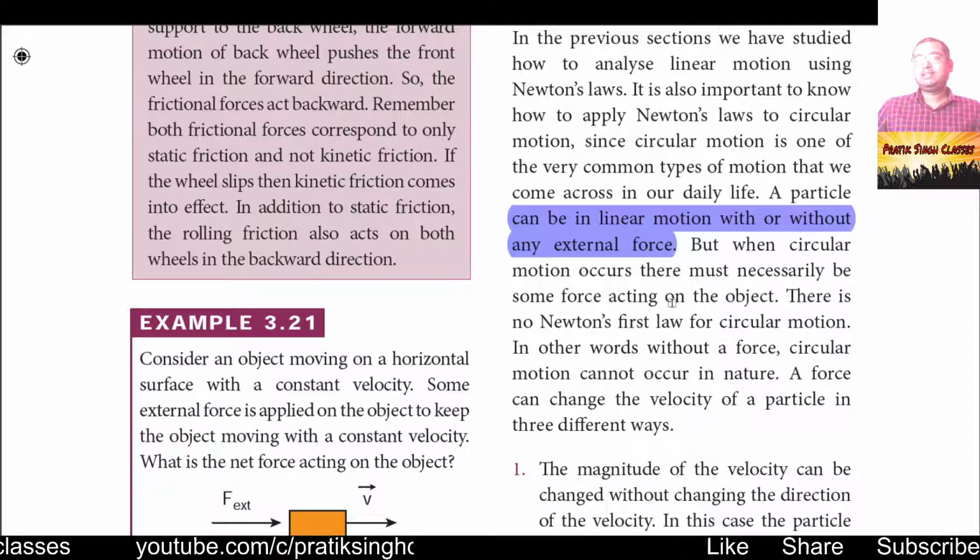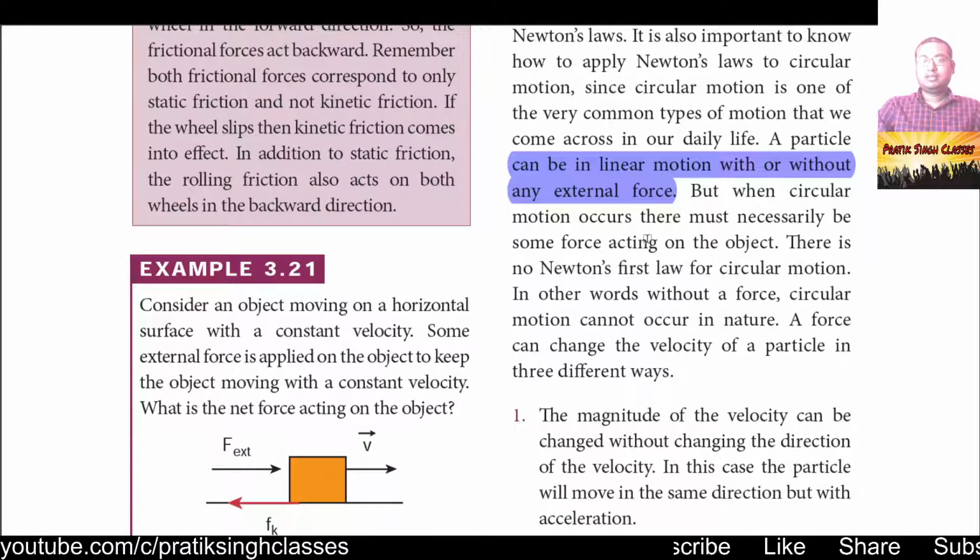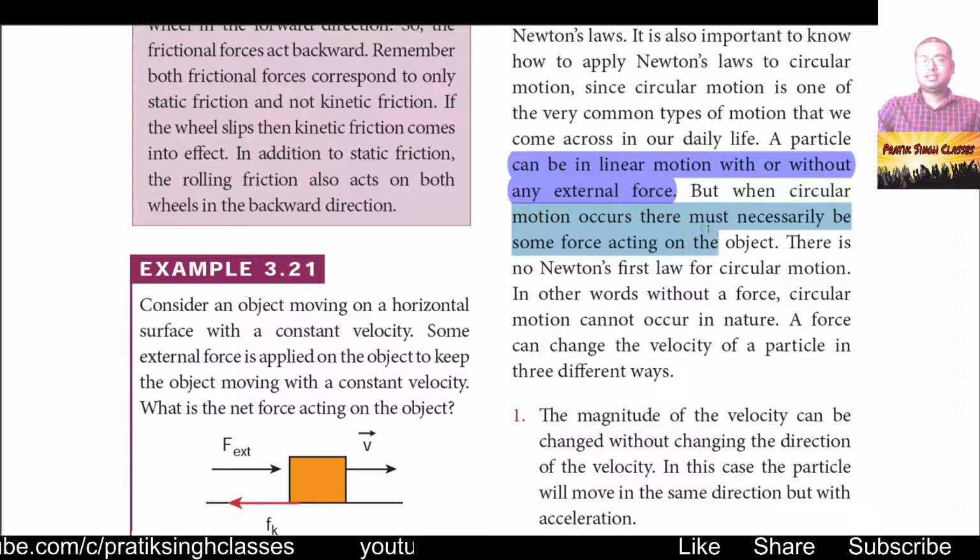Second, the object changes its direction or its velocity, that is, it accelerates. And the third is when the net force acting on the body is zero and the object keeps on moving with a constant velocity. But when circular motion occurs, there must necessarily be some force acting on the object.